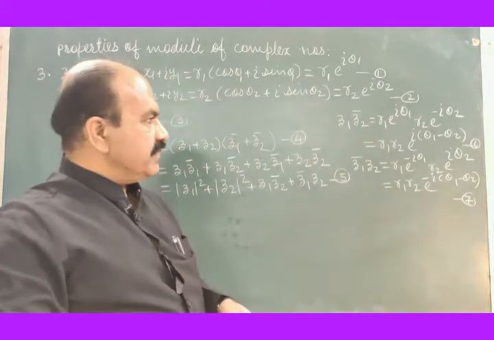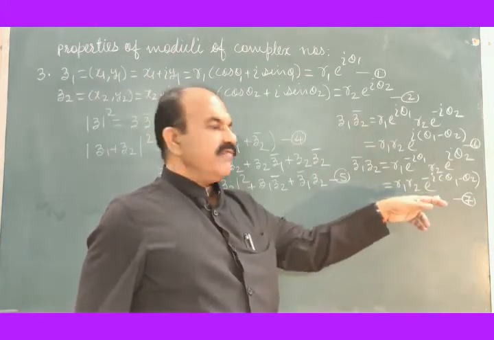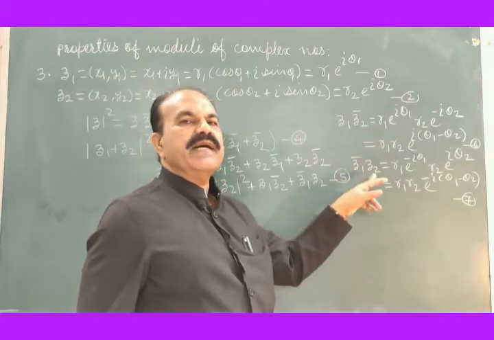So, with 6 we got value of Z1 Z2 bar, with 7 we got value of Z1 bar Z2.